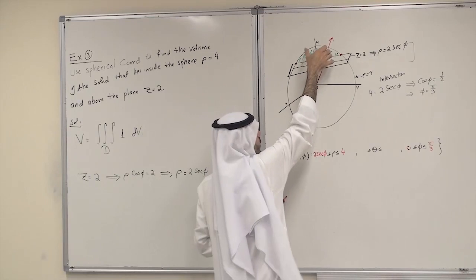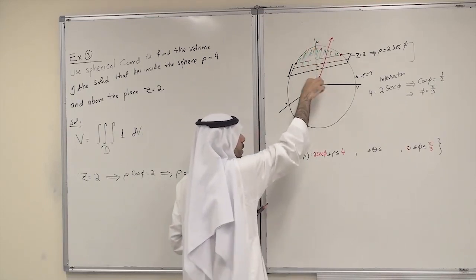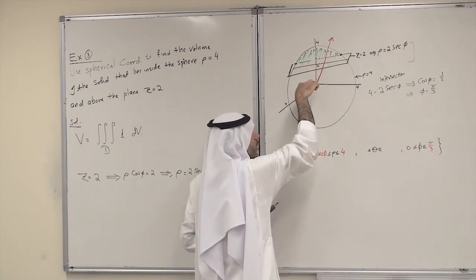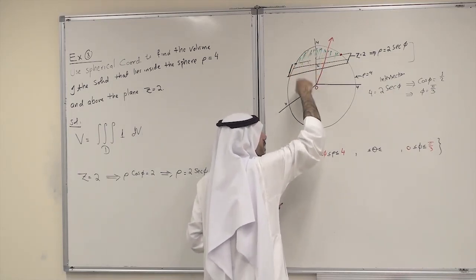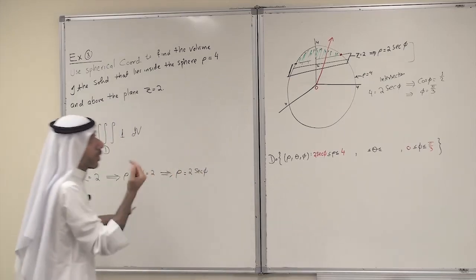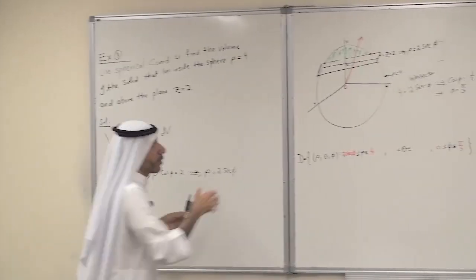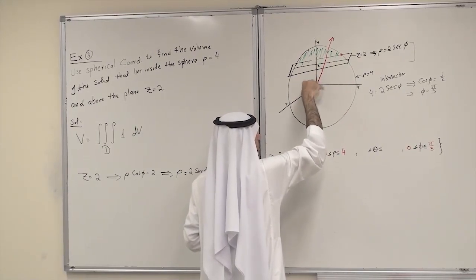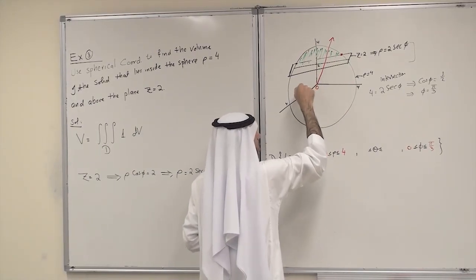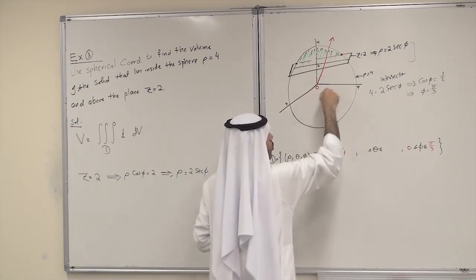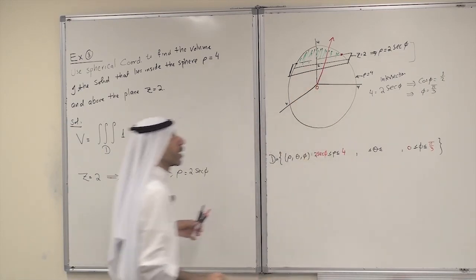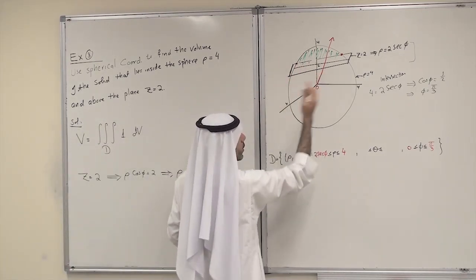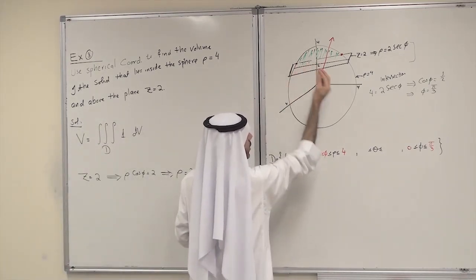What about theta? Well, the solid, if we take the projection, will be on the xy plane inside the sphere. It will take all points in the xy plane, but inside the sphere. So the projection will be some circle here. The solid is around the z-axis.